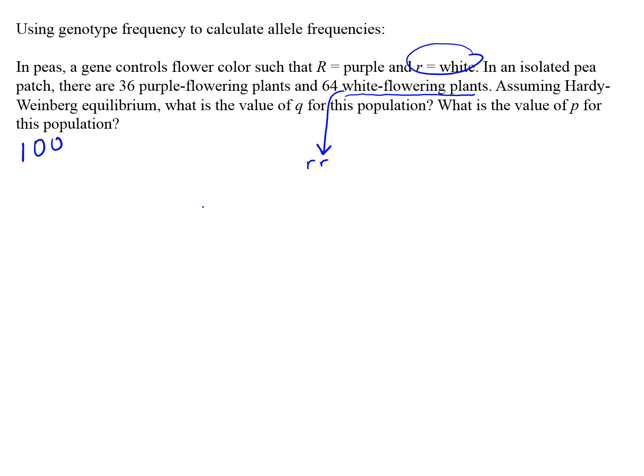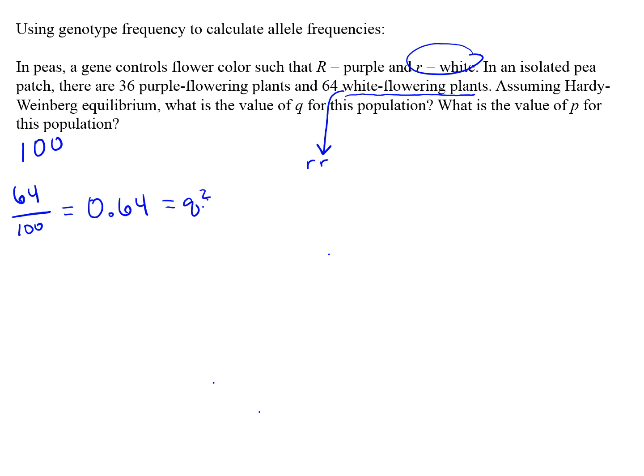So in this population of 100 individuals, if 64 of them have white flowers, then we can do the frequency pretty easily. It's 64 divided by 100, and that is 0.64. And that 0.64 is also equal to our Q squared, okay?